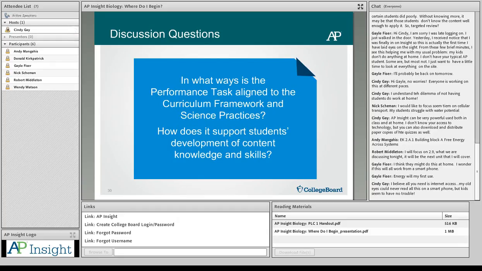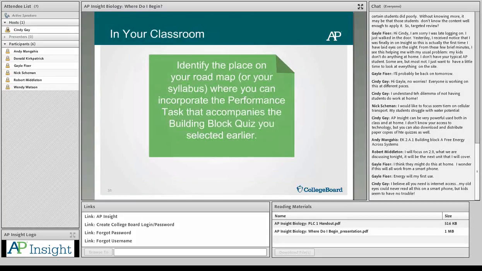And so what I'd like to do right now is give you an opportunity to take a look at the performance tasks for Challenge Area 2.9. And again, look at your syllabus, your roadmap, and think about and take a look at some of those performance tasks and think about where you might place them in your curriculum.